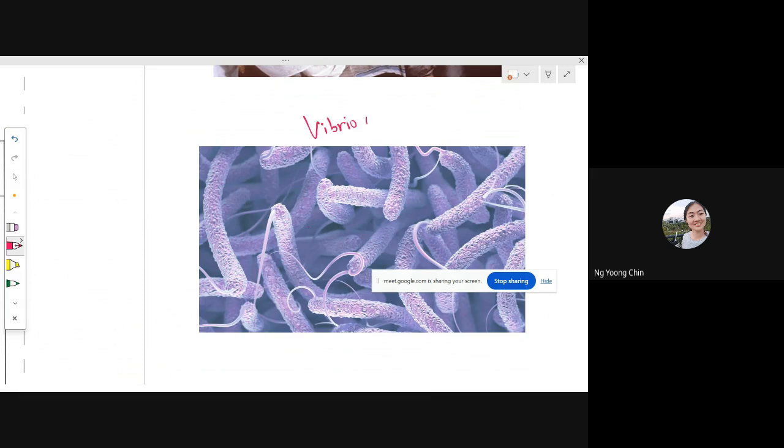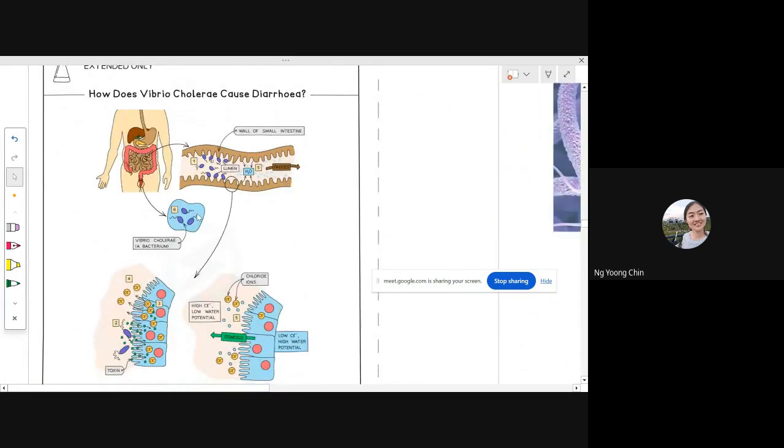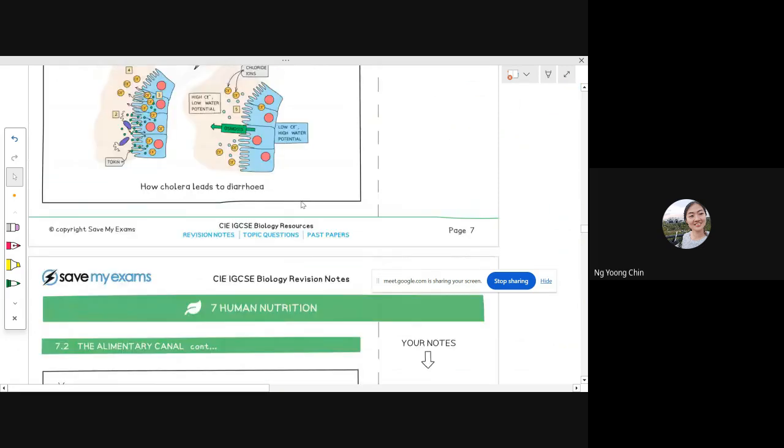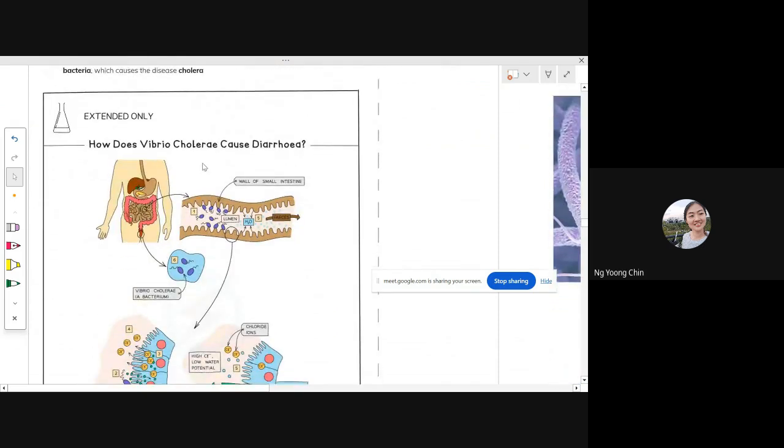Vibrio cholerae. It's a kind of bacteria. So what does Vibrio cholerae do? They are usually ingested with contaminated food or water. This is their route of how you get in contact with Vibrio cholerae.